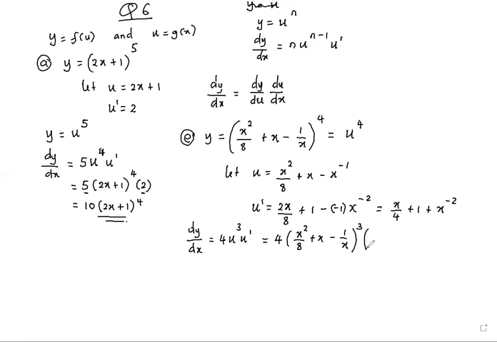What is u prime? u prime is x over 4 plus 1 over x squared. Remember that with powers you can push them up or bring them down.